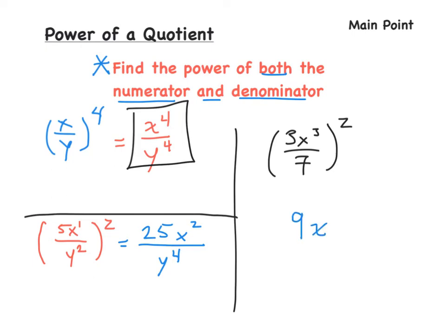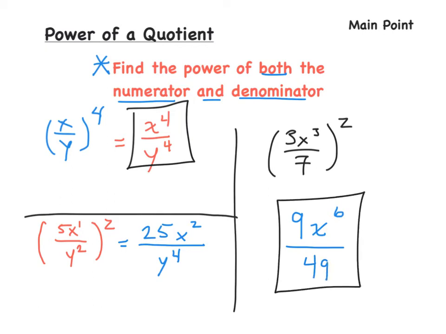Now we have our x, and this is x to the 3rd, and we're going to raise it to the 2nd. So with this, remember, we multiply powers. So x to the 6th. Now divided by, we have 7 to the 2nd power, which means 7 times 7, which is 49. And this would be our final answer.